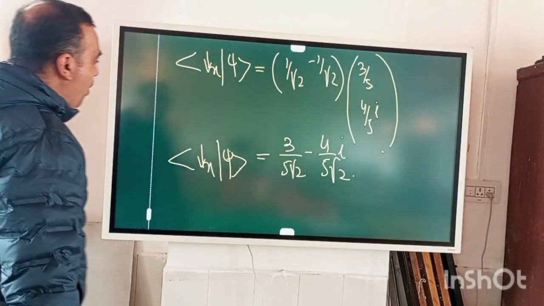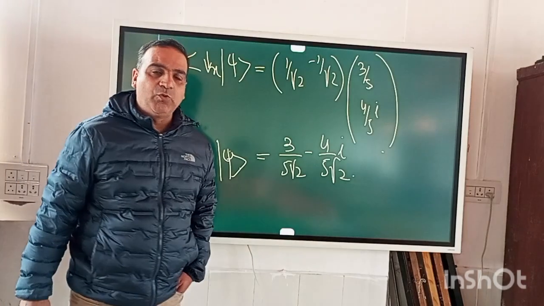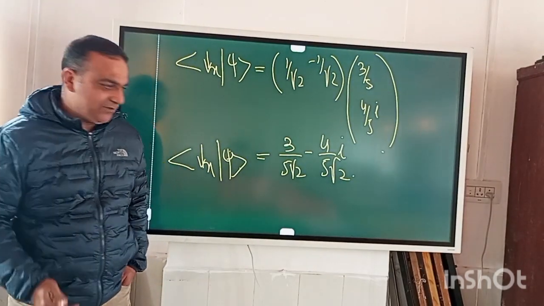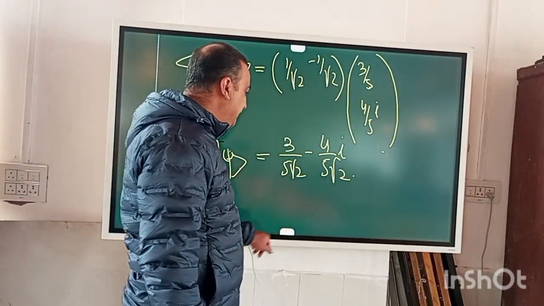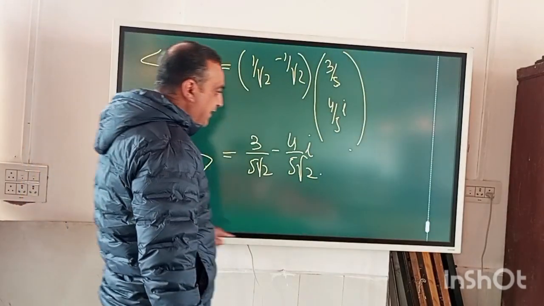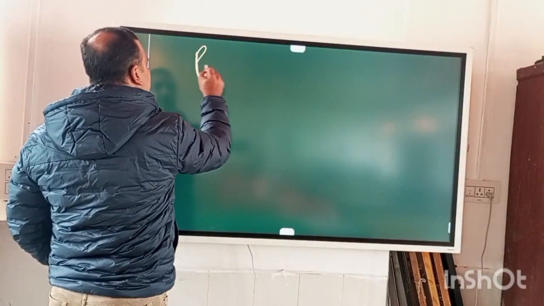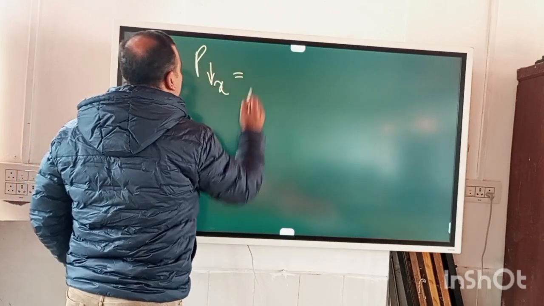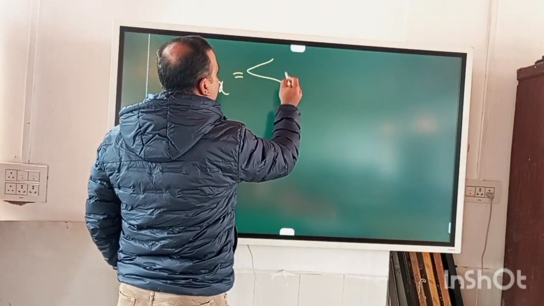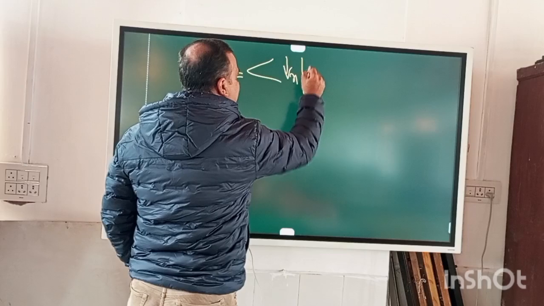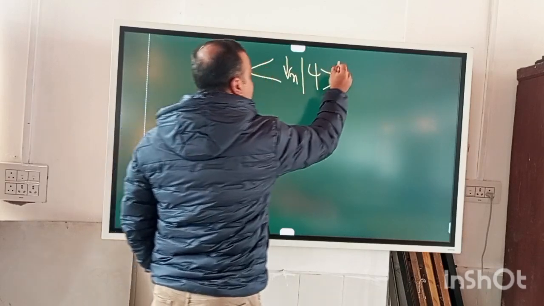Now, what I am supposed to do here is calculate that probability, the probability of having spin down along x. If I write that as P of spin down along x, that's going to be the inner product of spin down along x with state psi, its whole square.